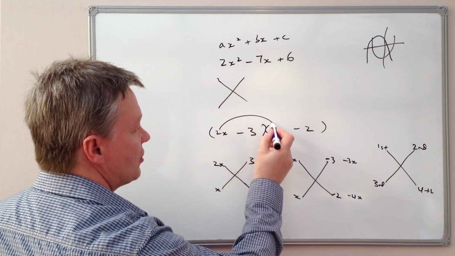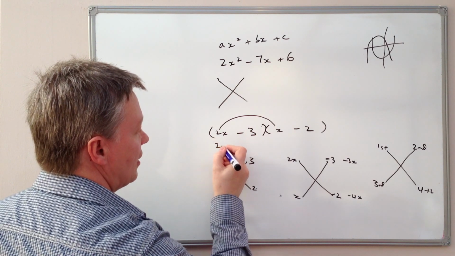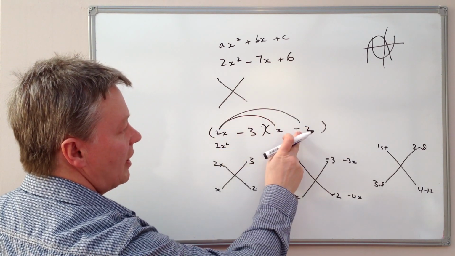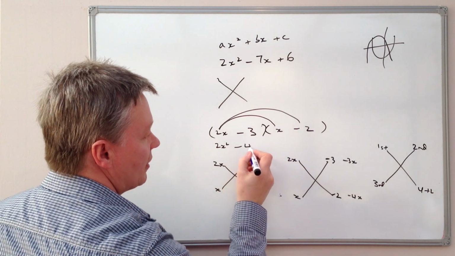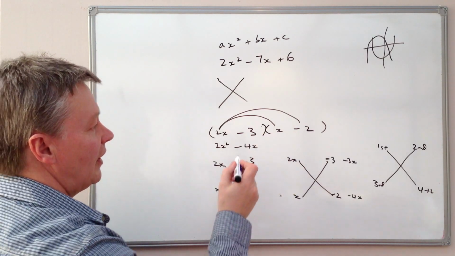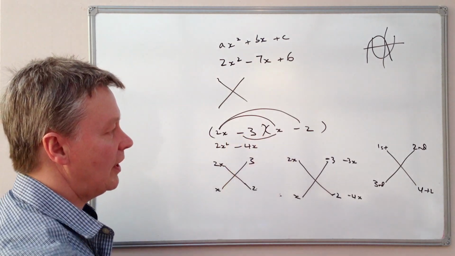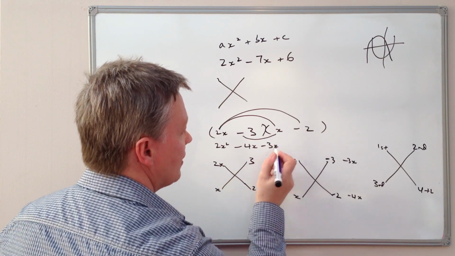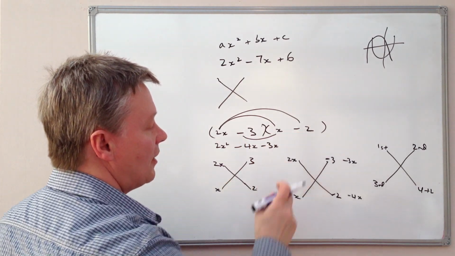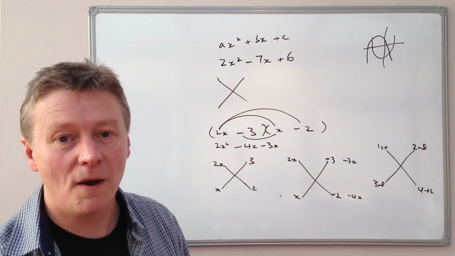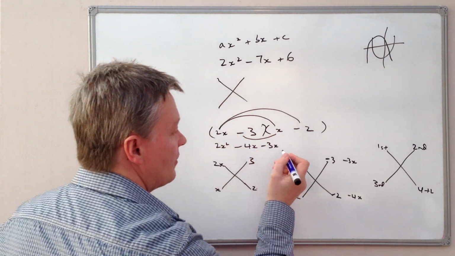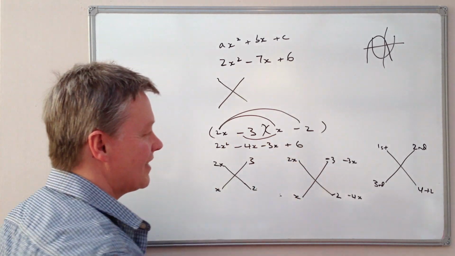So I've got 2x times x is 2x squared. 2x times minus 2 is minus 4x. And then I have minus 3 times x is minus 3x. And minus 3 times minus 2, well, a minus times a minus is a positive, so 3 times 2 is positive 6.